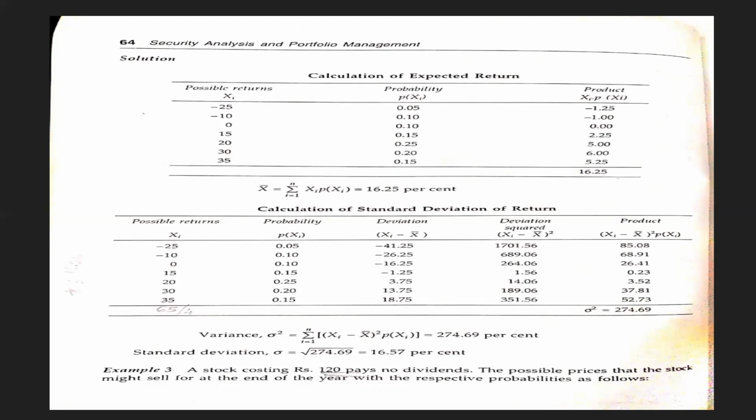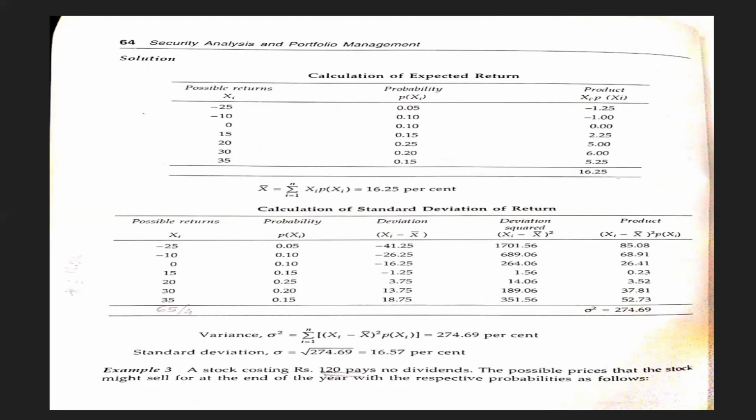Now you need to calculate the standard deviation, the risk. To calculate standard deviation, you have to find out how much these possible returns deviated from your expected return, which is 16.25. So minus 25 minus 16.25, basic mathematics, the negative and negative gives you the sum of the values.